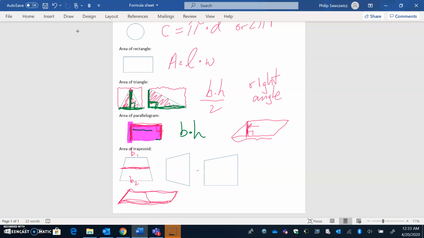And then just like before, going straight up and down, where your right angle is, that would be your height. So if we look at the drawing there, that was base 2, that was base 1, and then you have your height.